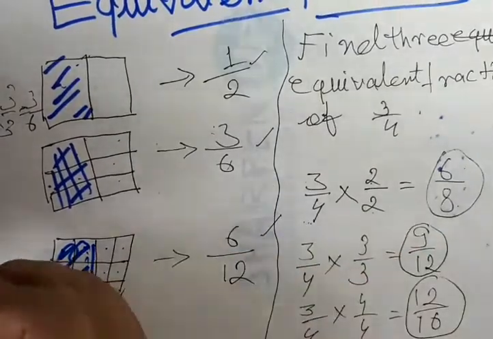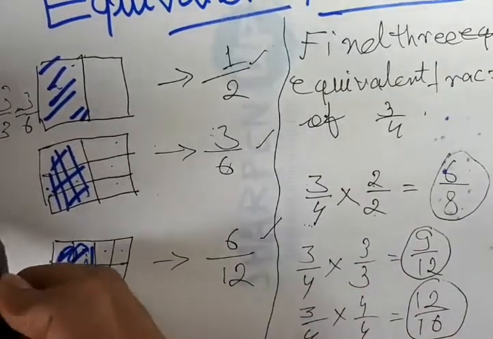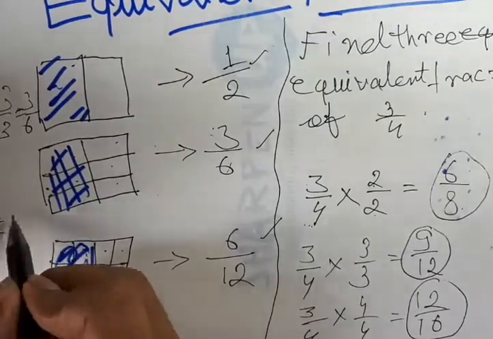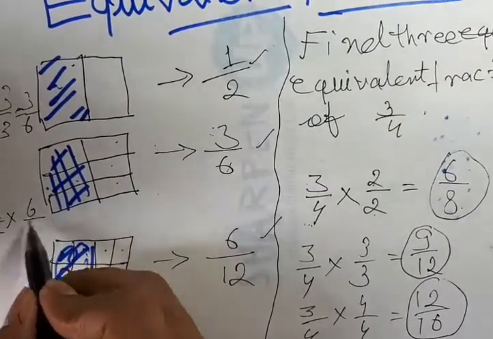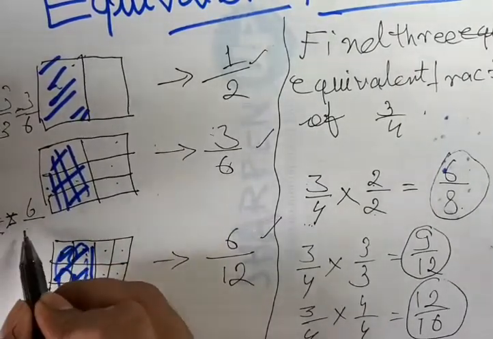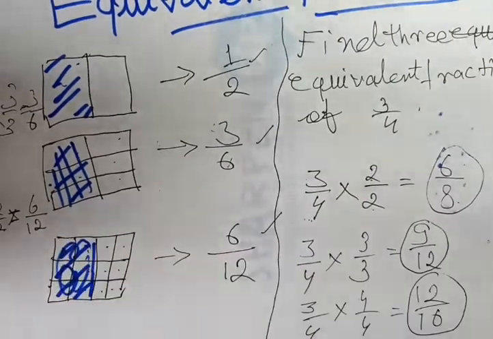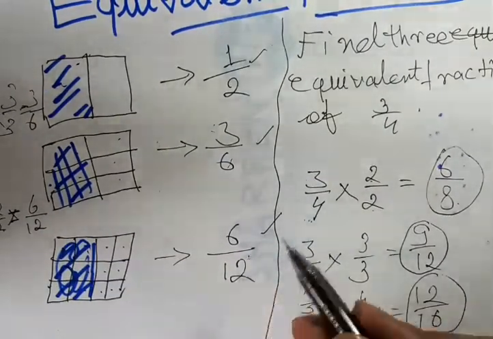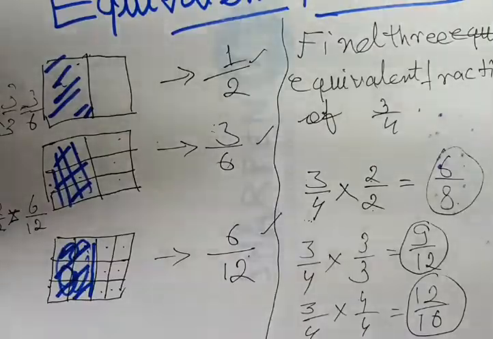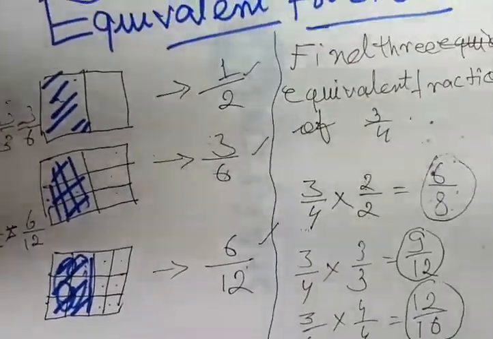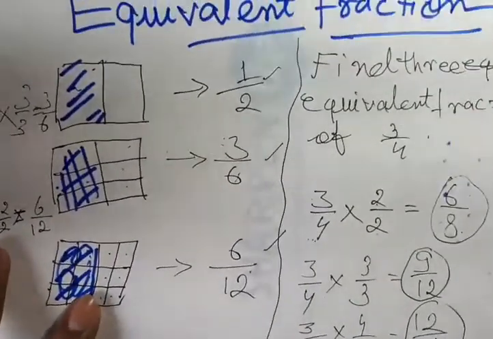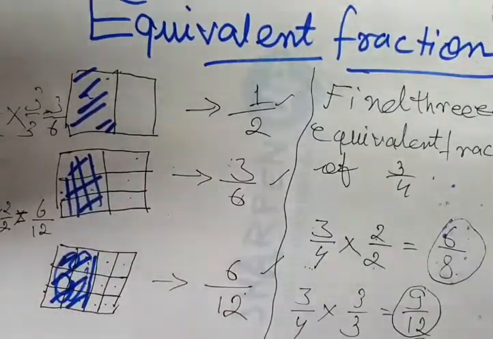If I multiply 3/6 by 2 by 2, what I will get? 3 2s are 6 and 6 2s are 12. So these are our equivalent fractions, which look different but actually represent the same value, the same quantity of the value.